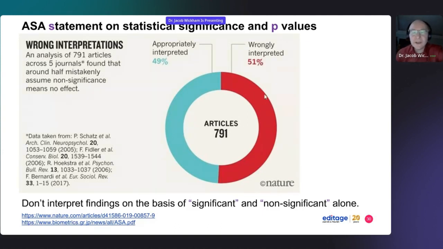So they looked at the p-values, and over half the articles had wrongly interpreted statistical significance. So be careful. Don't interpret the findings in your paper based on the significance or non-significance alone. You will want to look at other aspects of your data.